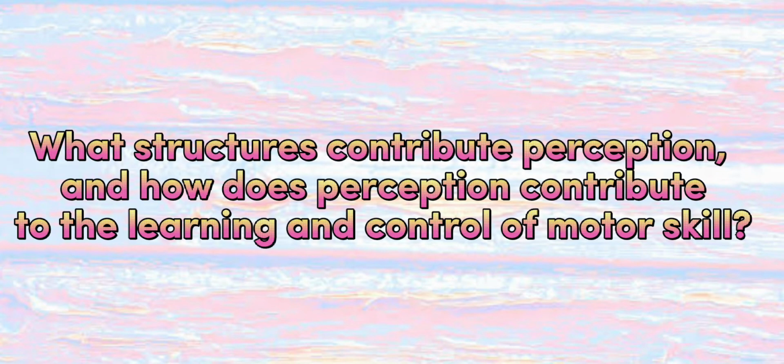And the second question is, what structures contribute to perception, and how does perception contribute to the learning and control of motor skill? Both of these processes depend on how one takes in, sorts, and interprets sensory data or stimuli.